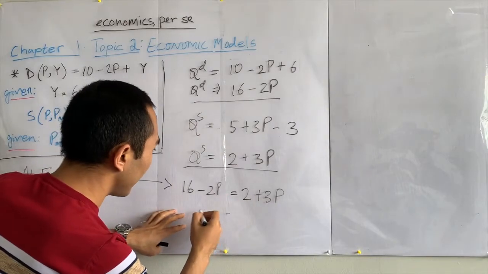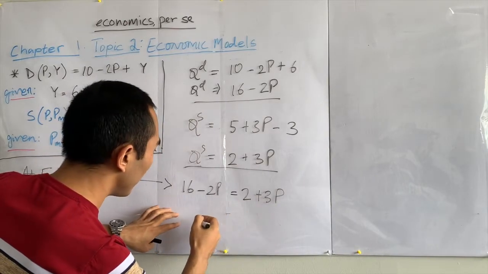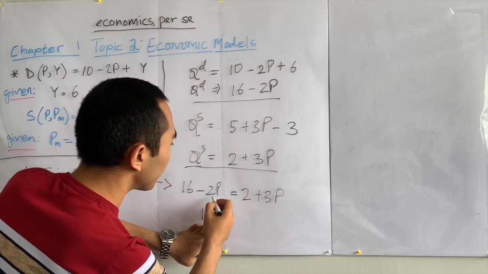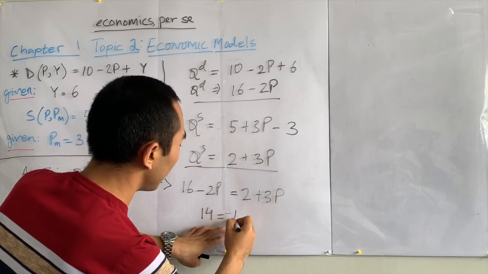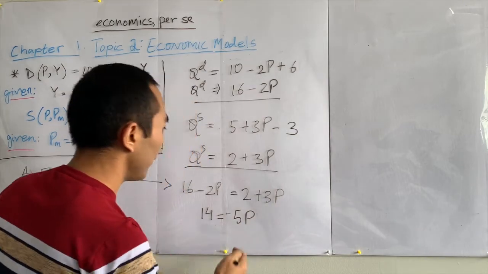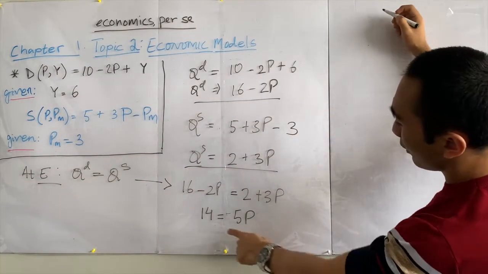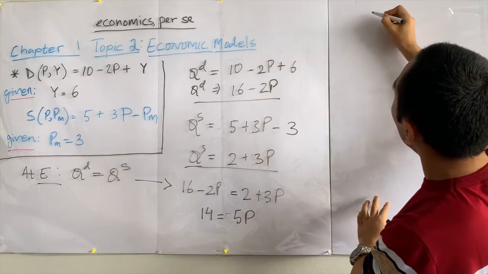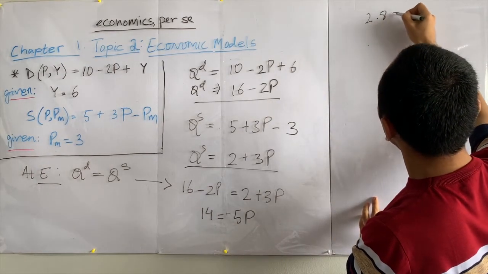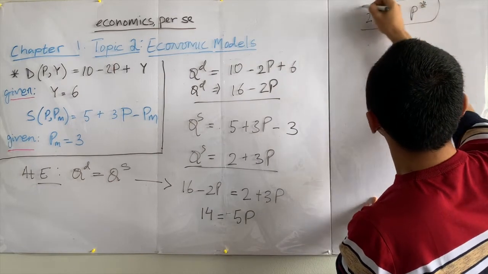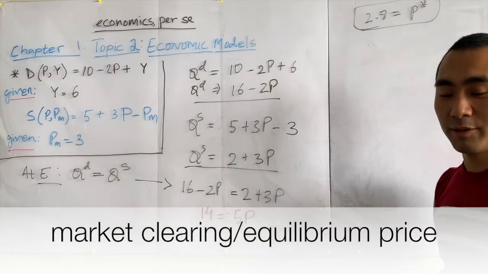Taking 2 to the other side, we have 16 minus 2, which is 14, which would equal, taking this to the other side, 5p. 14 divided by 5 would be 2.8, which is equal to our p star. This is going to be the market clearing price.